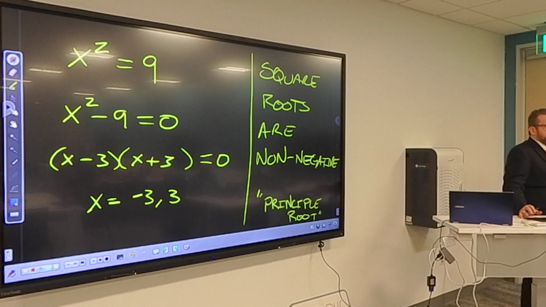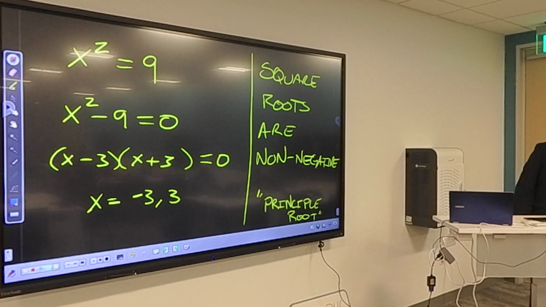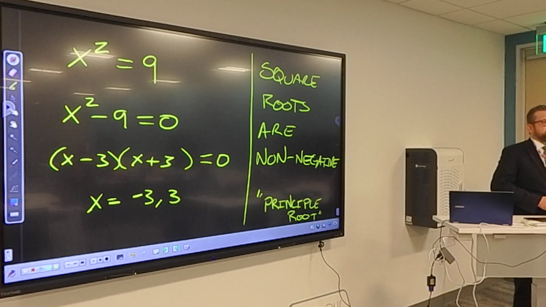We are only interested in the principal root. It is a very sophisticated discussion to want to talk about the other roots.